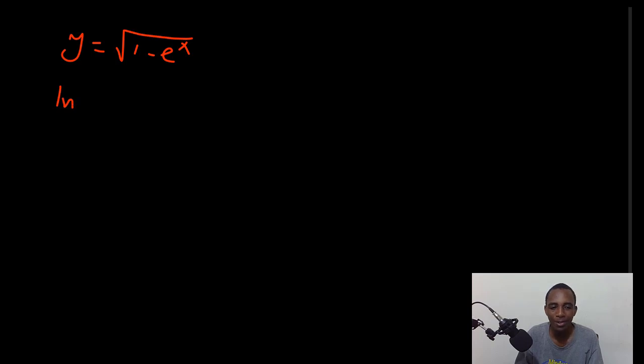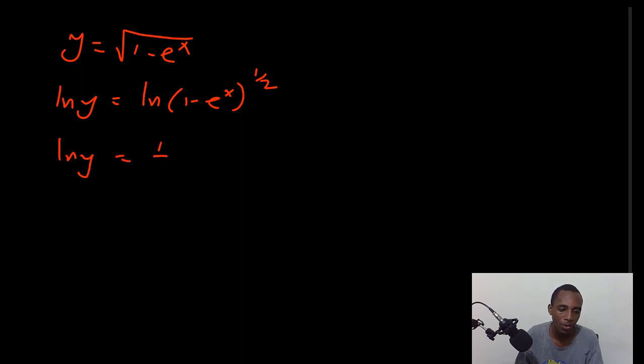I'll introduce logs on both sides. So the log of y equals the log of (1 minus e to the x) to the power 1/2. That's what the square root means. So natural log of y equals 1/2 times the log of 1 minus e to the x.